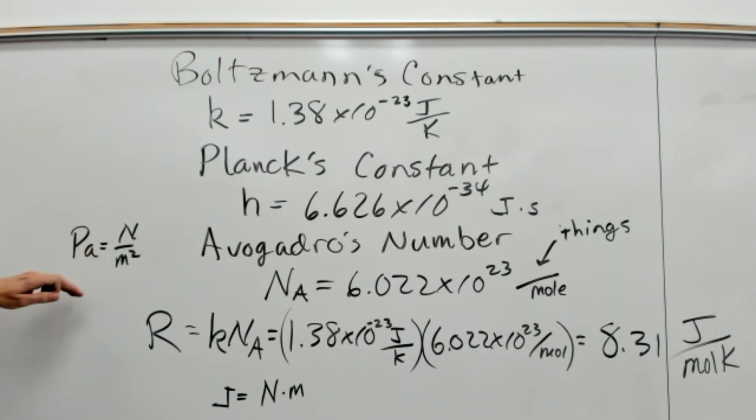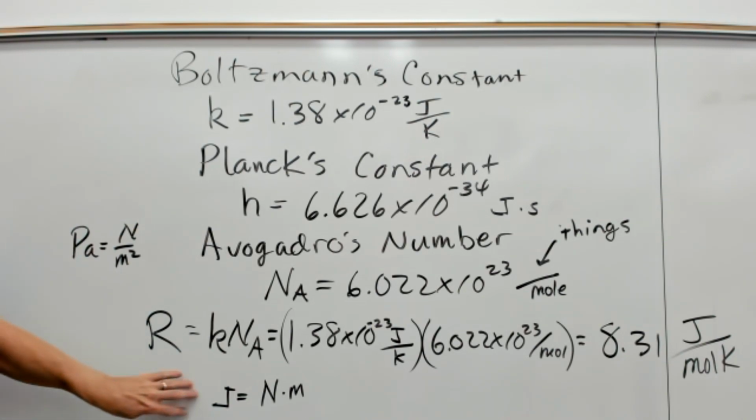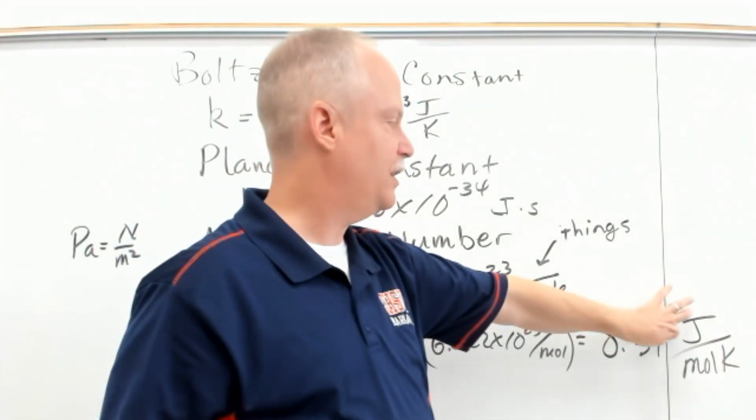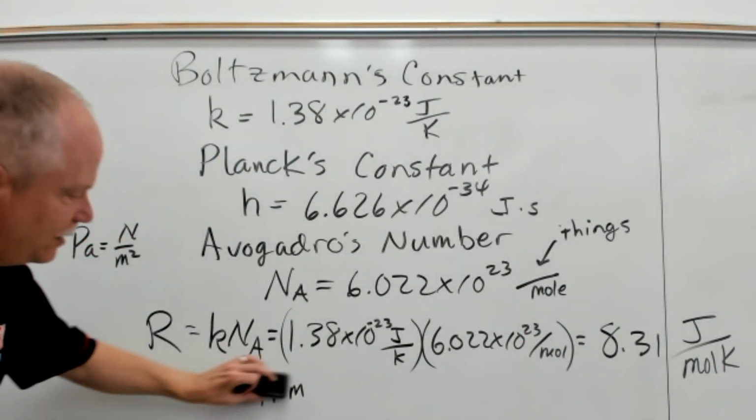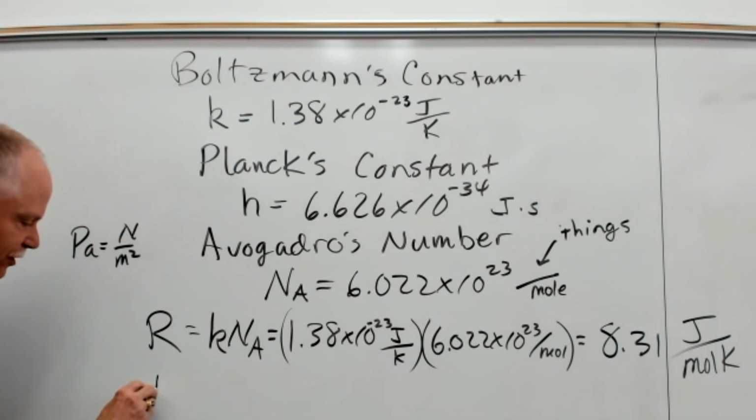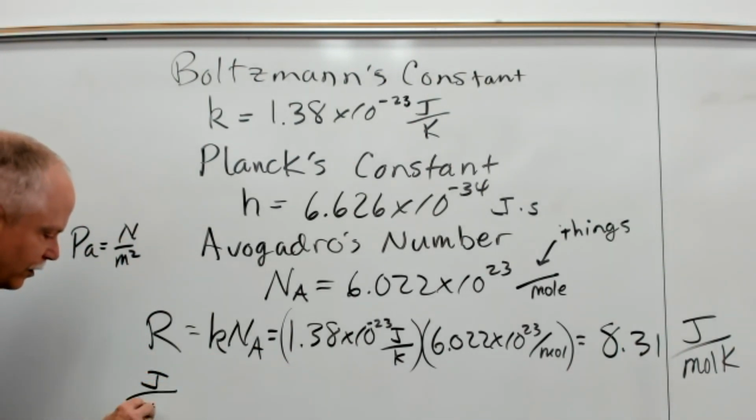So let's put this in as a conversion factor, because this is an equality. So this will be some practice. Okay, instead of a joule on top here, I want to have some pressure units. So let's write this out. We're going to say joule per mole Kelvin, all right?